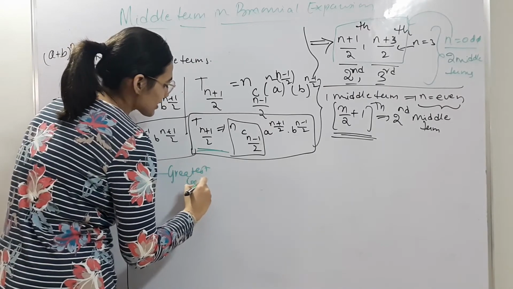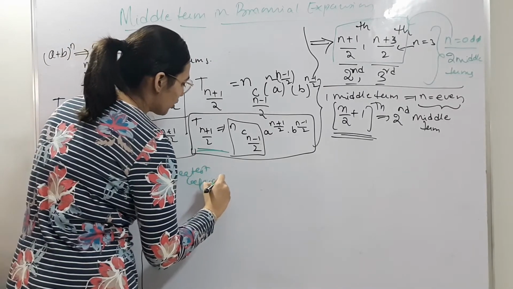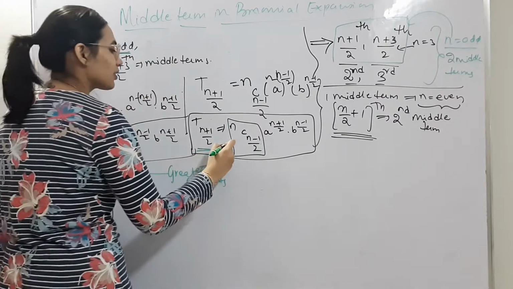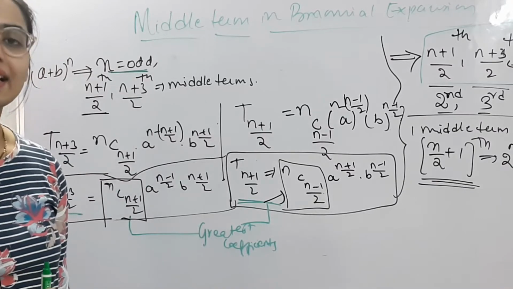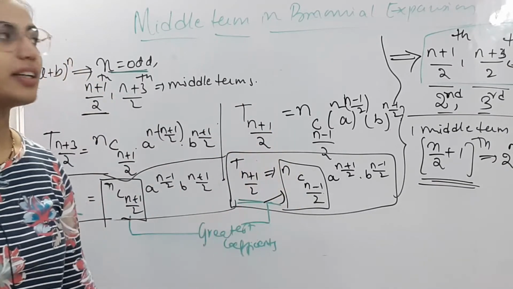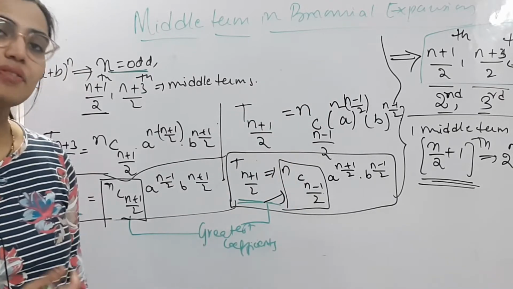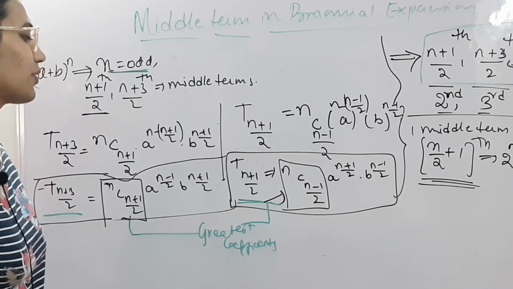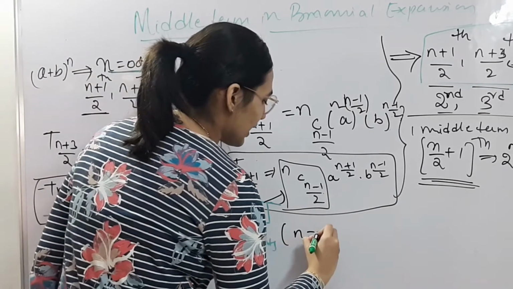So the greatest coefficients of the binomial expansion are the middle coefficients when n is odd. When n is even, we'll derive the (n/2 + 1)th term and we'll get the middle coefficient.